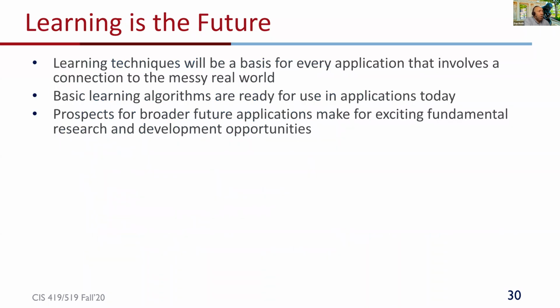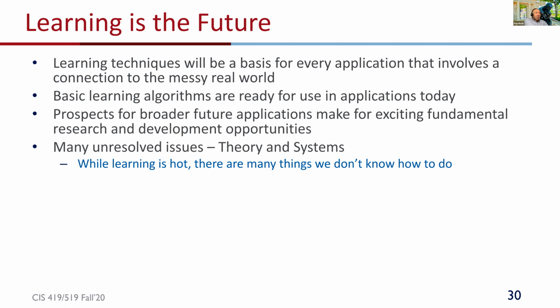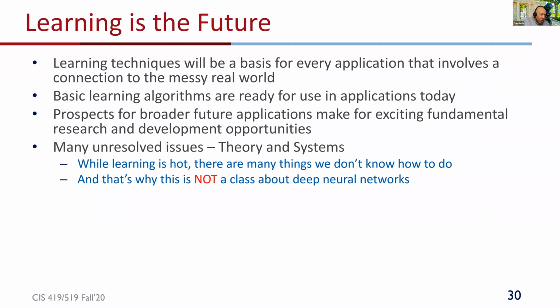Okay, so I want to get to the class itself, so I will not spend a lot of time here. I will just say that even though machine learning works in many, many applications, there are many things we still don't know. Many unresolved issues. And this is one reason the class is not going to be devoted to just deep neural networks, which is kind of the hot thing in the last few years.